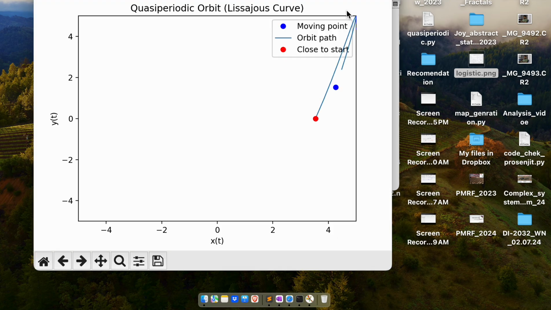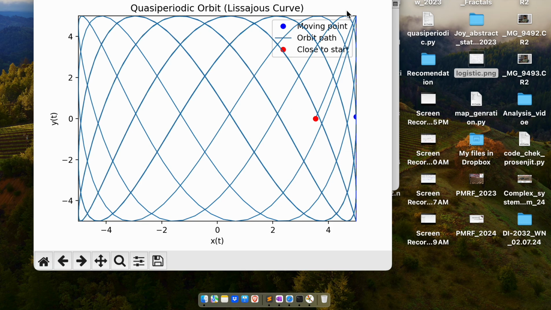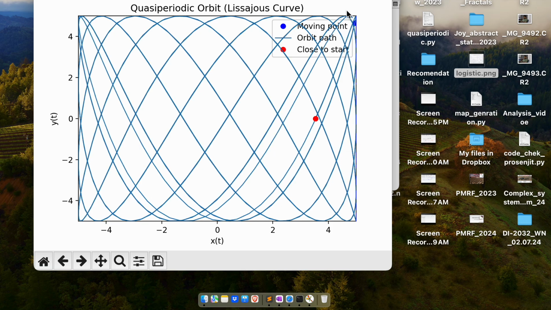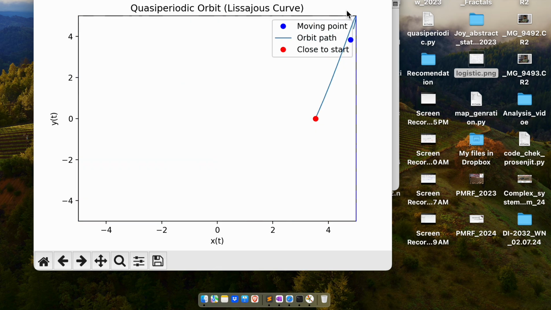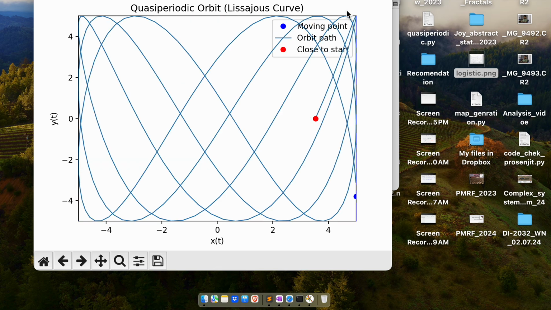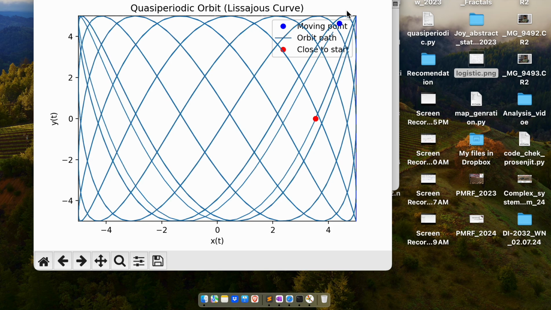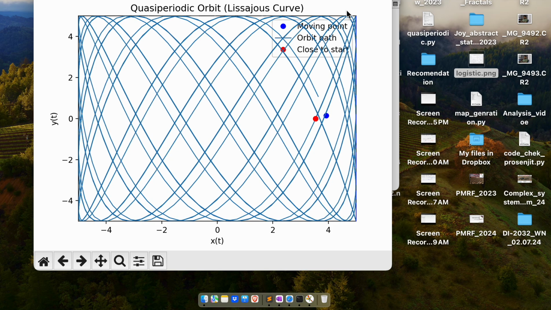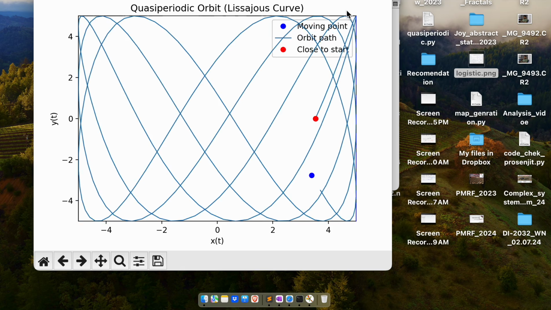You see this is quite the contrary of chaos. It looks like order, but it is not quite periodic, because it does not return to the red point. It will go through here and there, through every point in the space.